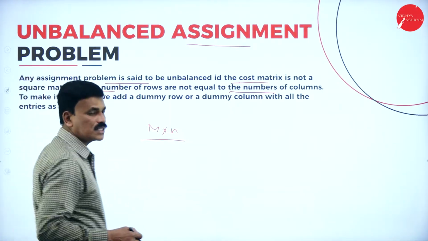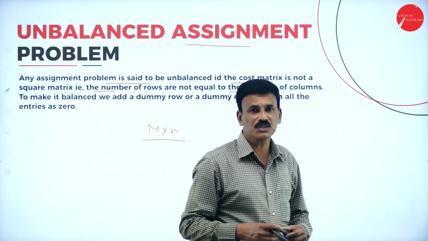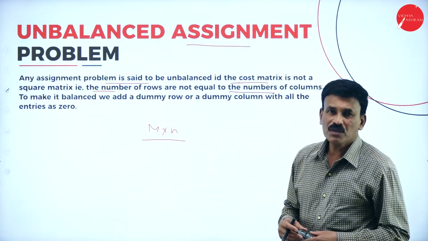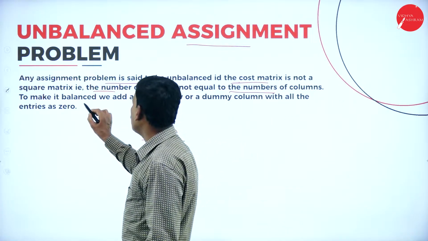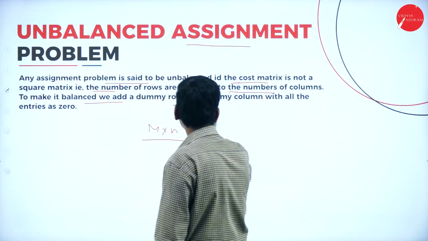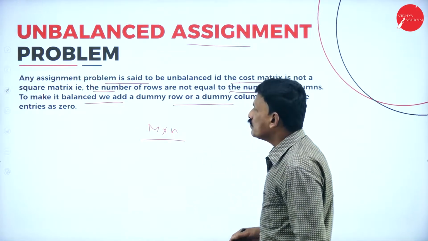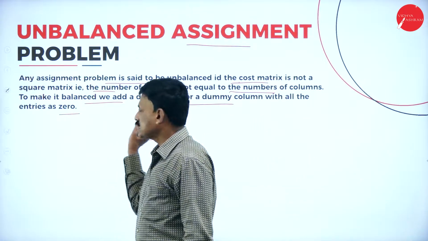To solve such an unbalanced assignment problem, we are going to use a dummy. We balance it by adding a dummy row or a dummy column with all the entries as zeros.